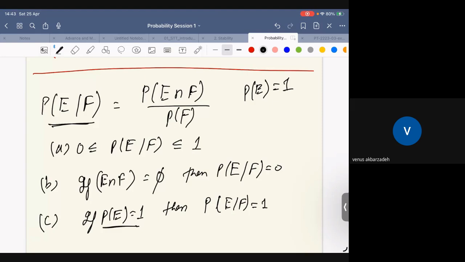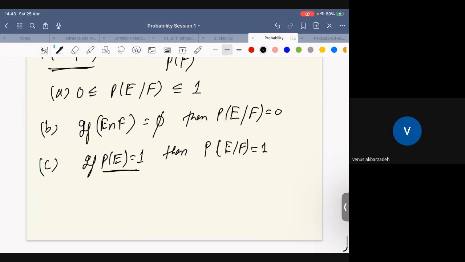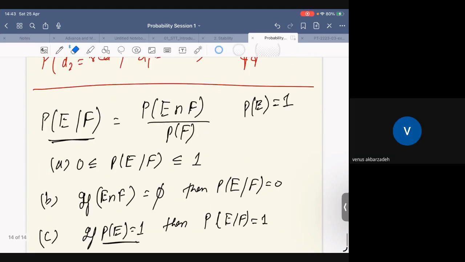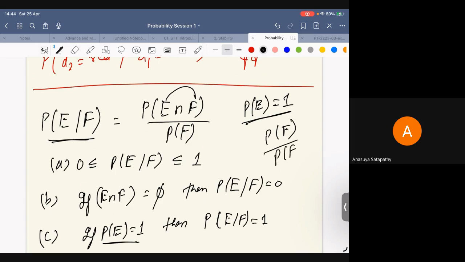Since P of E is 1, it is the maximum value, so E intersection F will be F. Divided by P of F, this is 1.